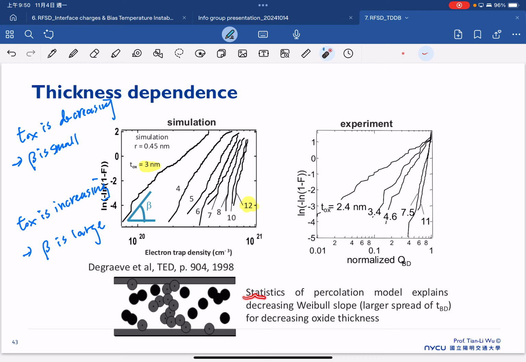So the statistics of the percolation model explain the decreasing Weibull slope, which means a large spread of the TDDB, once we decrease the oxide thickness. Basically, we can use the percolation model to explain lots of phenomena we have seen in experimental TDDB testing.